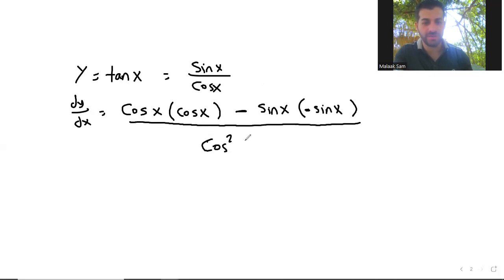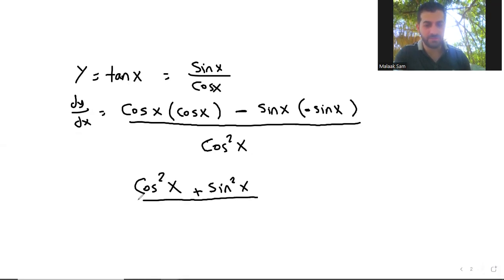over cosine squared x. So here, let's tidy it up. Cosine x multiplied by cosine x is equal to cosine squared x, and negative after negative is positive, plus sine squared x over cosine squared x. And you know, sine squared theta plus cosine squared theta is 1. So we'll write here in the top 1.